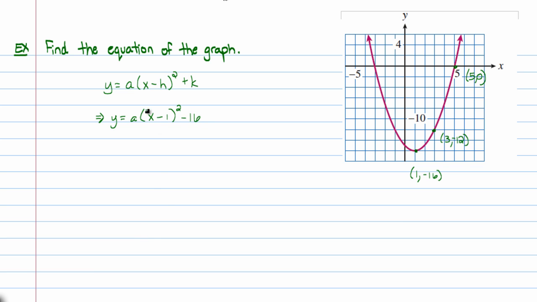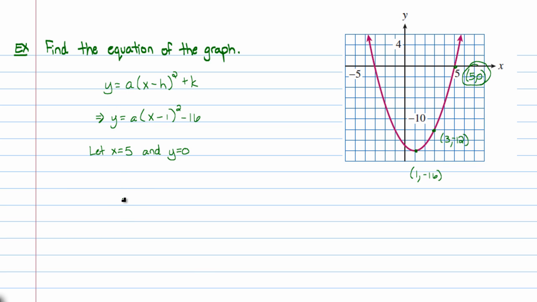And now the only thing that I'm really missing from this equation is the value of a. And I could find that by plugging in any point that exists on this parabola, just like you're working with lines. You just plug in any point you want. And I'll tell you, the easiest point to plug in is this 5 comma 0. So I'm going to let x equal 5 and y equal 0. Because that point exists on my parabola, so it should definitely satisfy this equation.